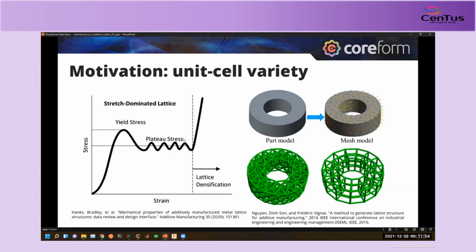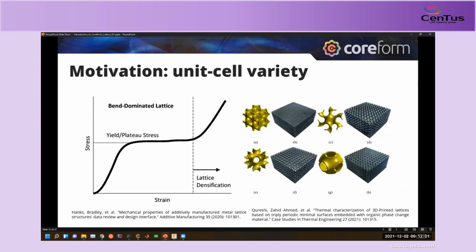And what we wanted to have in some cases for good crush energy absorption were bending dominated cells that have a much smoother plateau stress. They typically have a lower plateau stress, but at least it's well behaved. And from an engineering perspective, that's a nice feature to have.